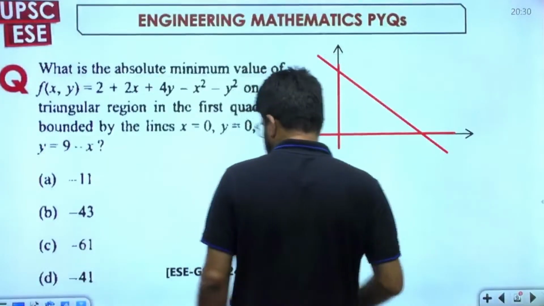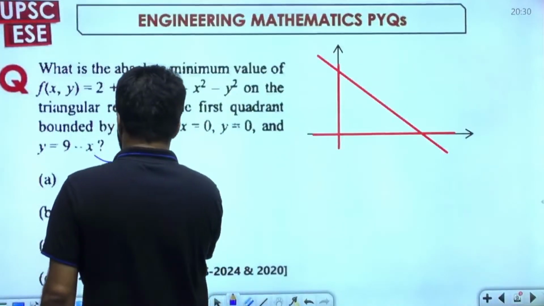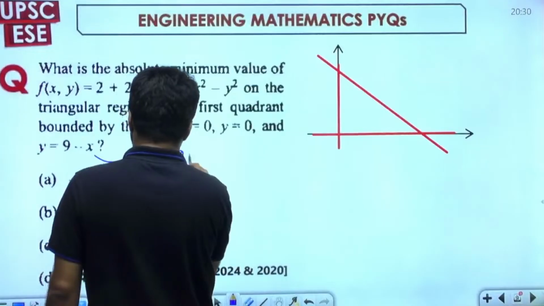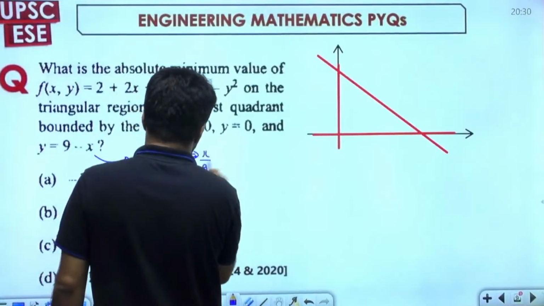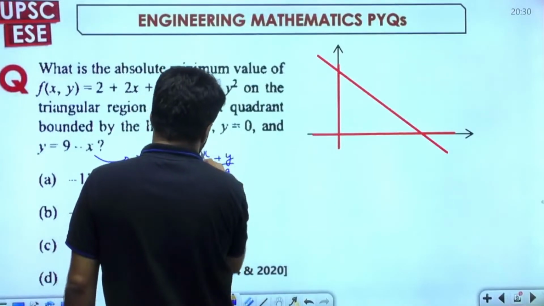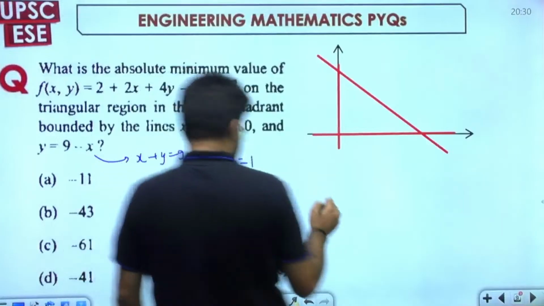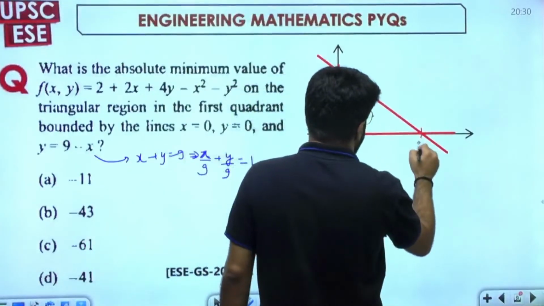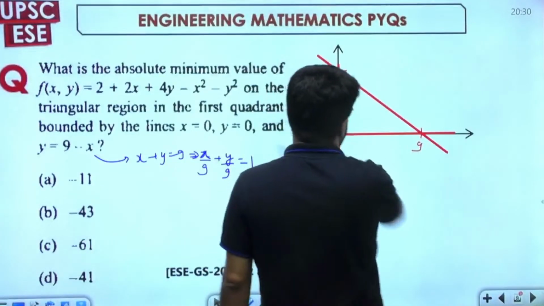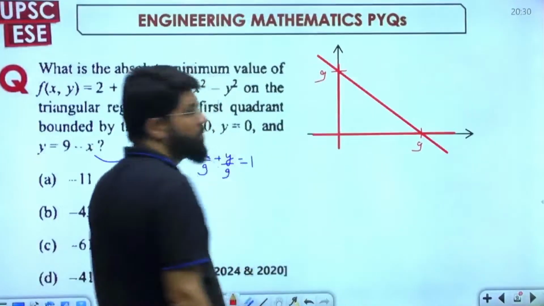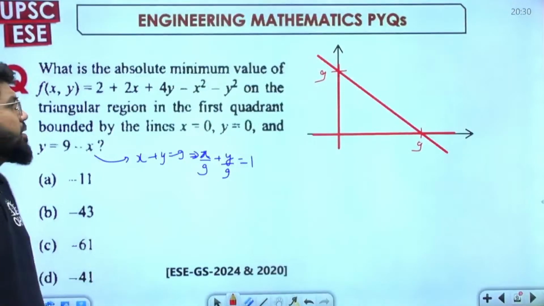We can write this equation this way: x plus y equal to 9, or it can be written as x by 9 plus y by 9 equal to 1. This is the x and y intercept form. Right, dear?